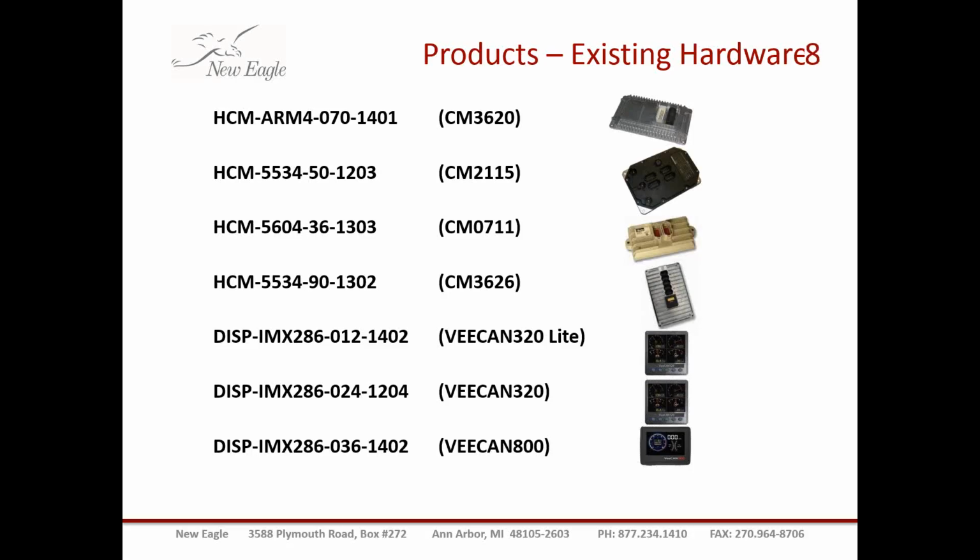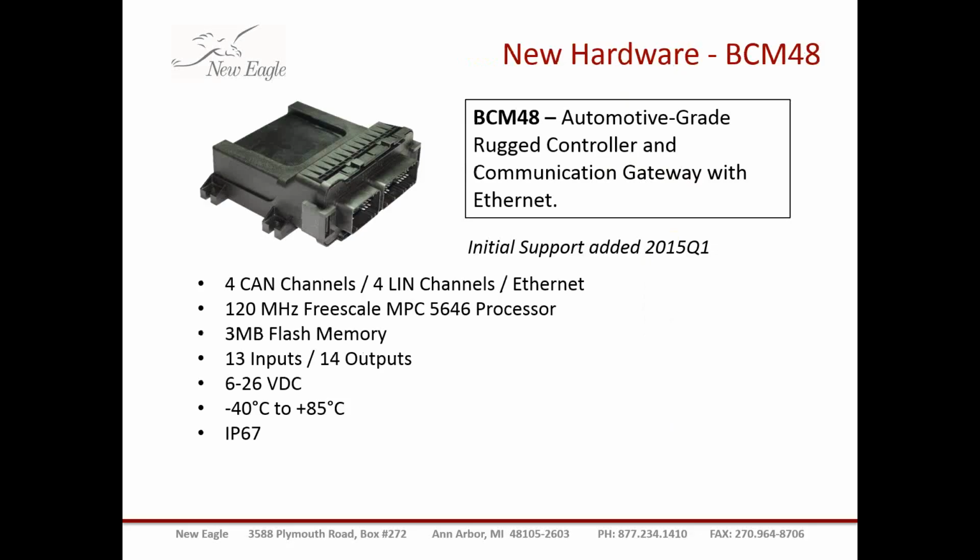Thanks, Chris. So new hardware. We do have a couple of new hardware items that we're bringing out. Initial support was added for our BCM48 in Q1 of this year. It's a gateway, and it's got Ethernet, 4 CAN channels, and LIN.